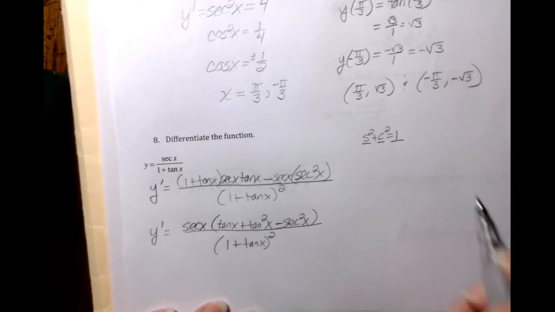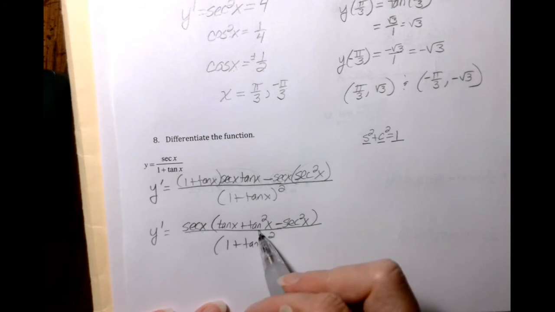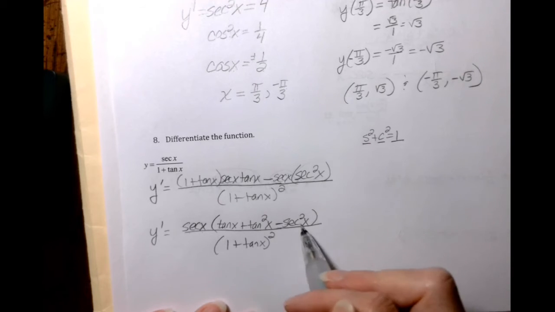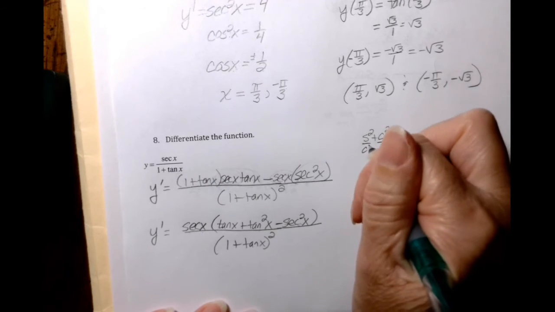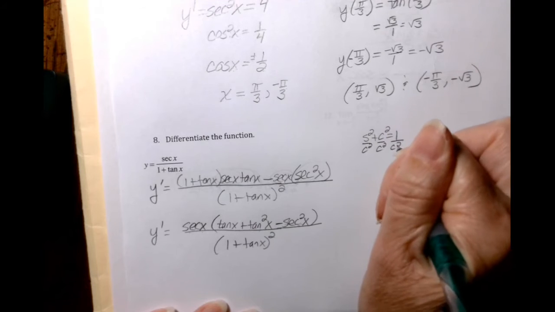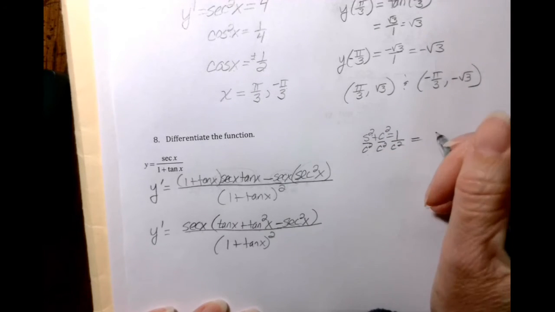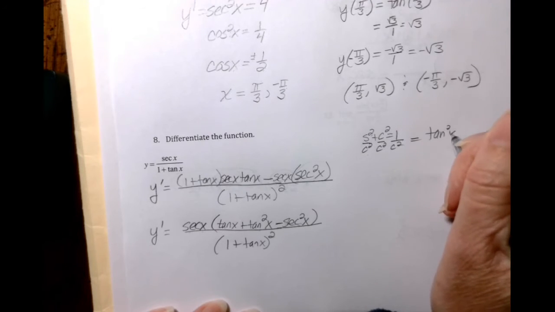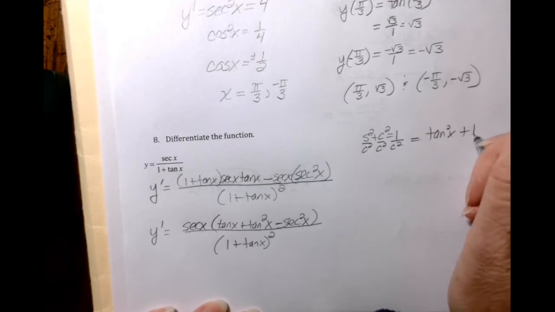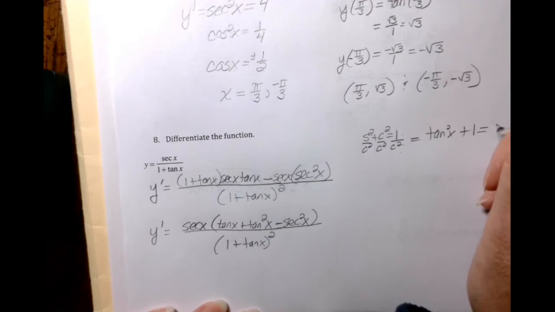If I want to create any others, I simply generate it by dividing by what I need. I have tangent and secant. Both have cosine in the denominator, so I'm going to divide through by cosine squared. Well, what do I get? Sine squared divided by cosine squared is my tangent squared. This is a 1. 1 over cosine squared is secant squared.